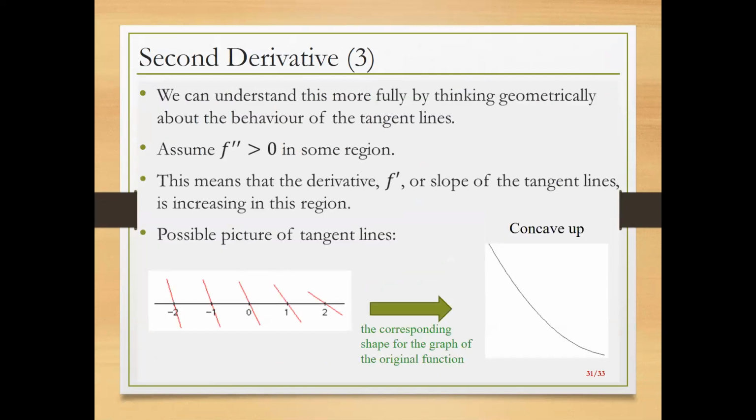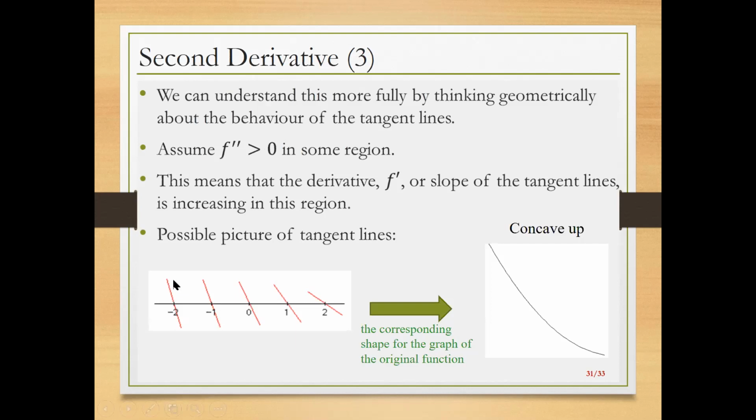Okay, so now we get over here. This is interesting. So now I told you what the second derivative does. If your function is twice differentiable and the second derivative is positive, it means that the derivative, f prime, is increasing in this region.